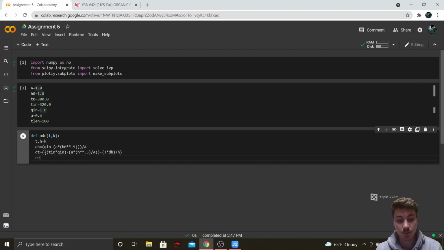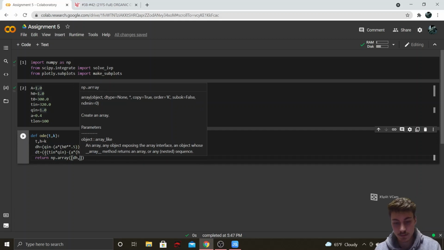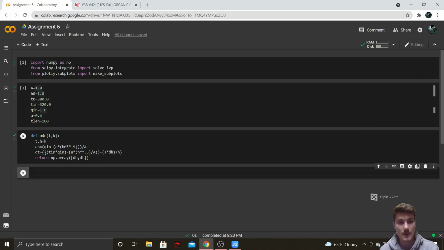So then from there, we want to return an array of our functions. So now I'll push shift enter on that. Okay. So then now we want to solve an initial value problem of this. So now we have our function in terms of t and h. We can solve the initial value problem.